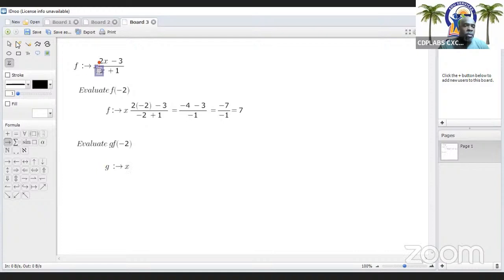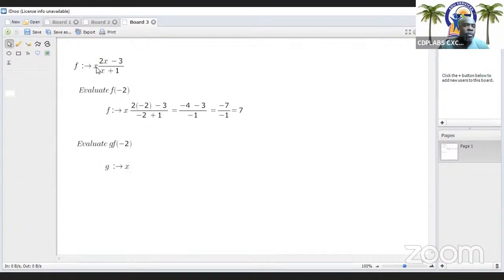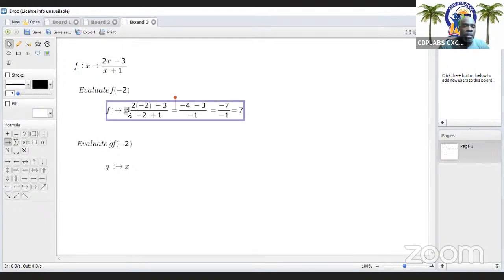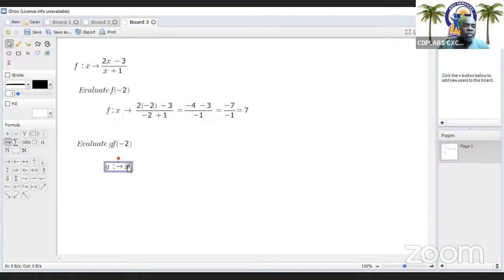I think something is wrong right here. You're supposed to put the x right here instead. The x is supposed to be not there, but right here. All right, so g of x is x plus 2.